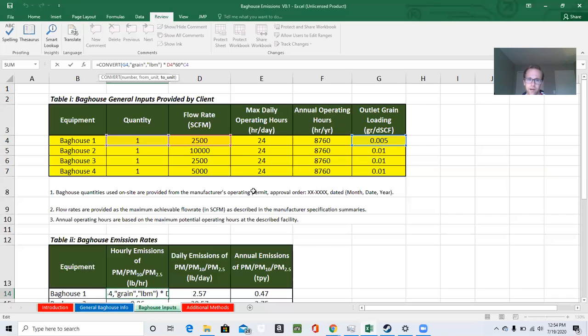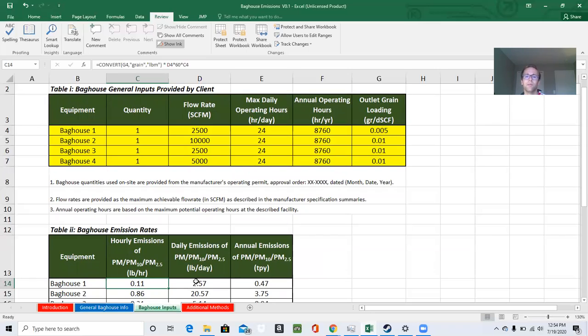And then from there, we're going to convert our minutes into hours. And then we're just going to multiply by our baghouse quantity. So for example, we only have one baghouse, number 1, and we have converted from grains to pounds. We've multiplied that by the SCFM, and we convert that from a per minute basis to an hourly basis, and now we have pounds per hour.